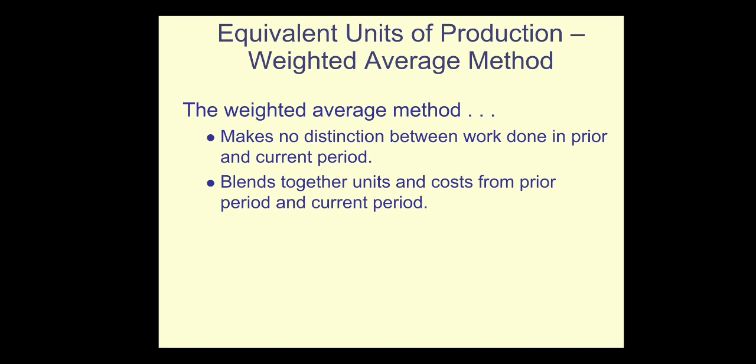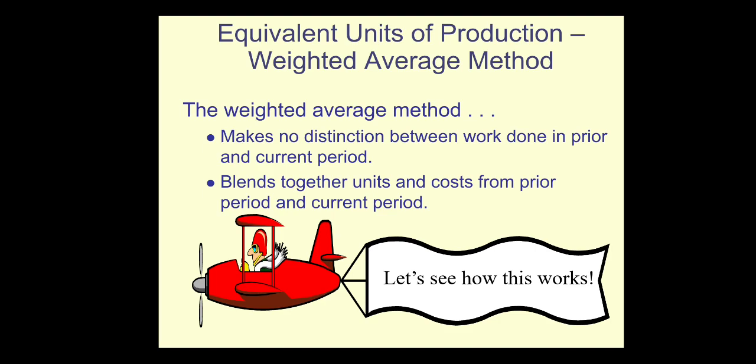For this course, ACN3101 or ACT3110, you only have to know how to use the weighted average method. There are two points related to the weighted average method. It makes no distinction between work done in the prior and current period, and blends together units and costs from the prior period and current period. This is not difficult. This is straightforward. Let's see how this works.